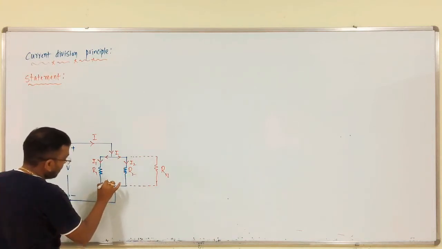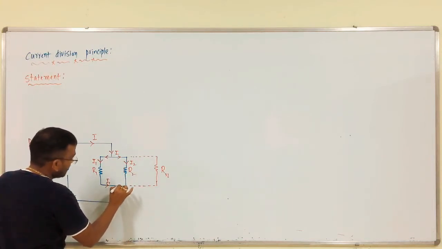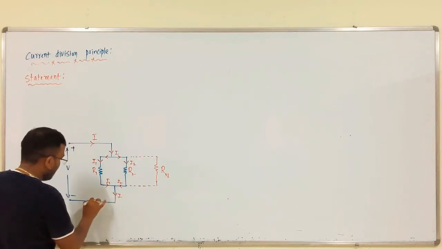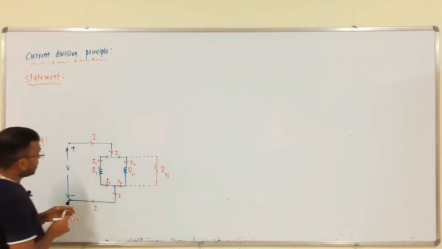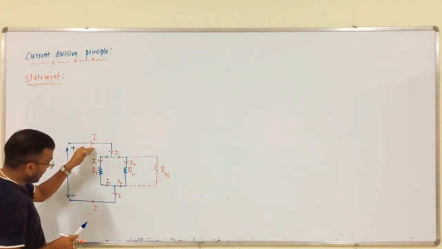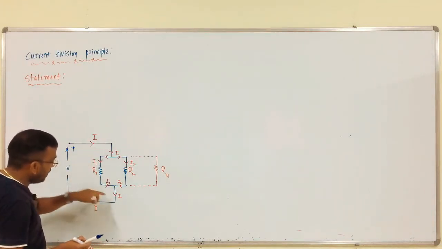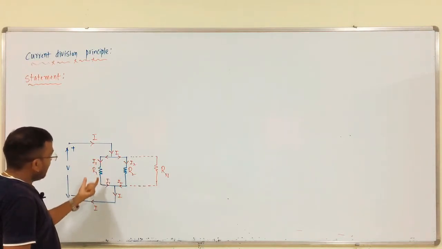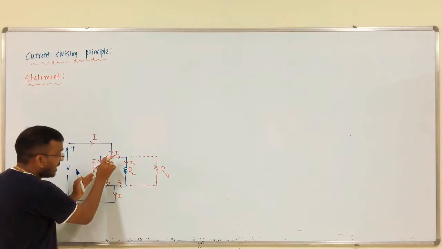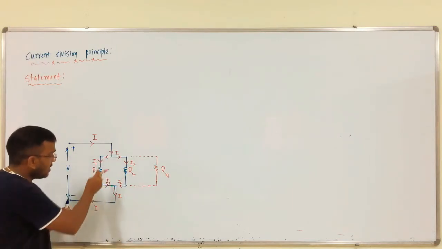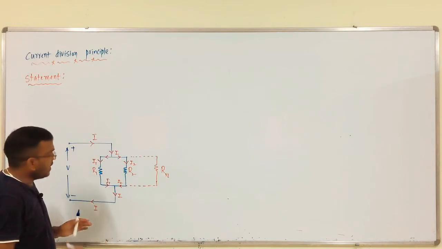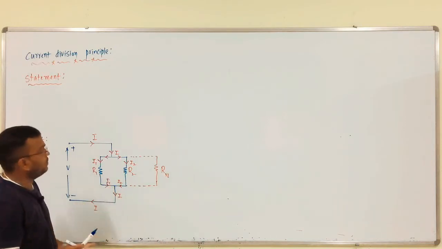Again the current is I1 here, I2 here, and again the total current is I. Whatever current is entering, the same amount should be leaving the circuit. KCL is satisfied. So a parallel circuit acts as a current divider circuit as the current division takes place in all branches.